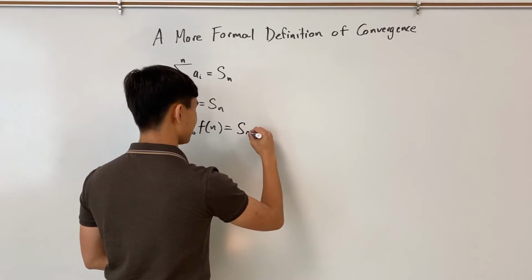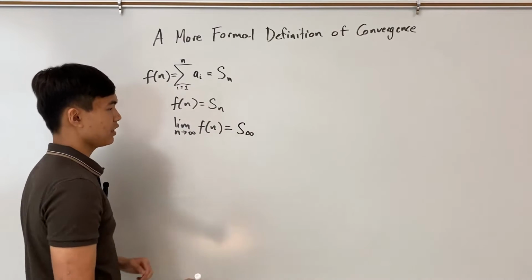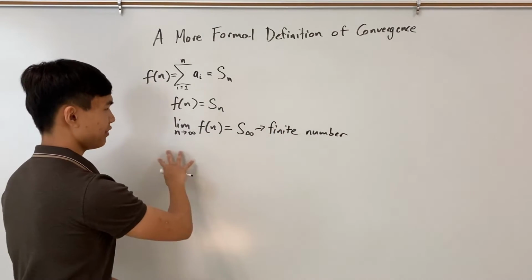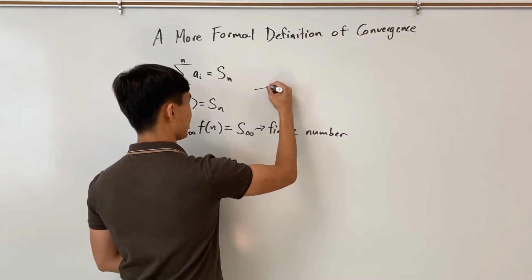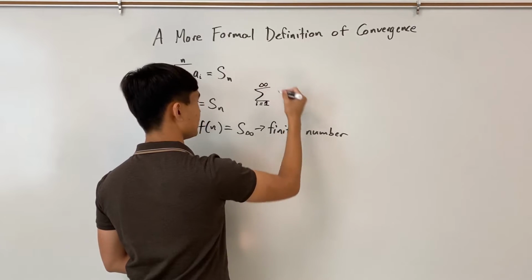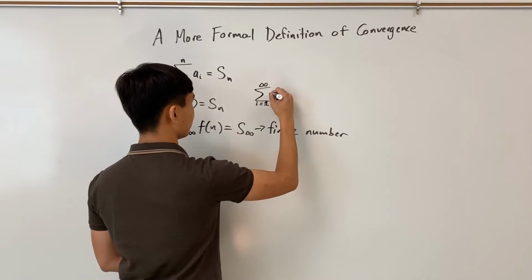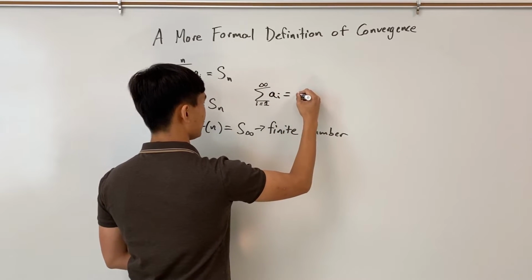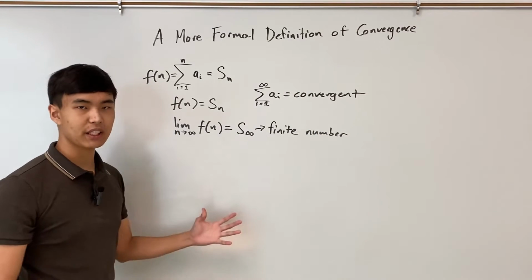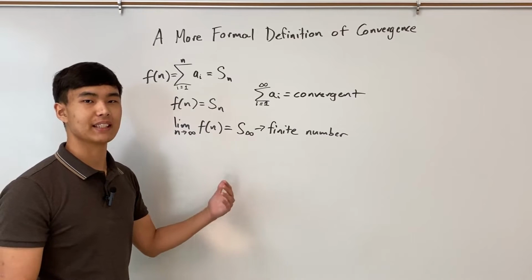If this sum of infinite terms goes to a finite number, then we can say that the sum from the first term to the infinite term of a sub i is convergent. If this sum does not go to a finite value, then it's divergent.